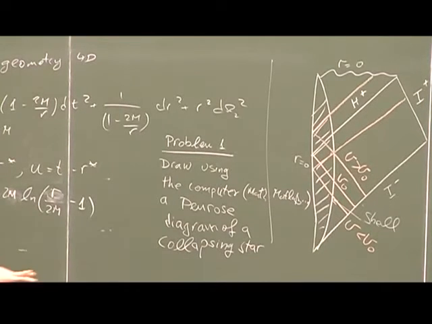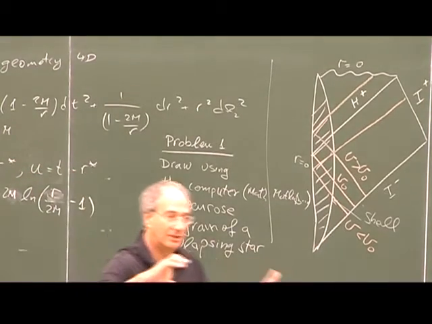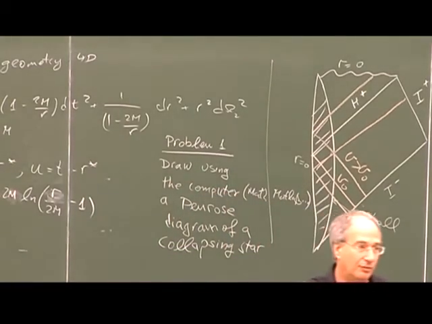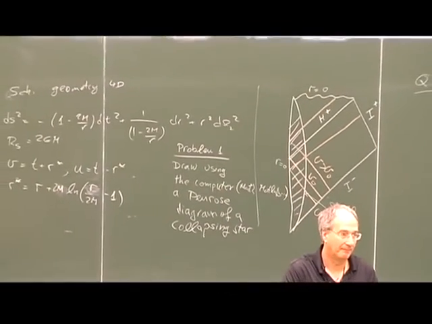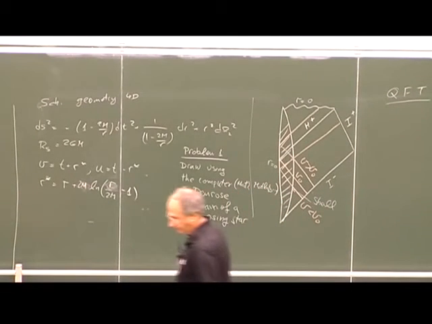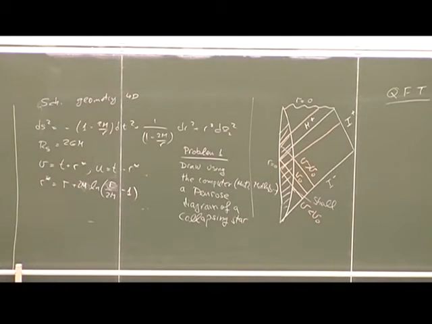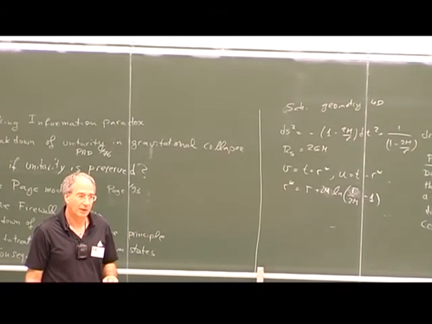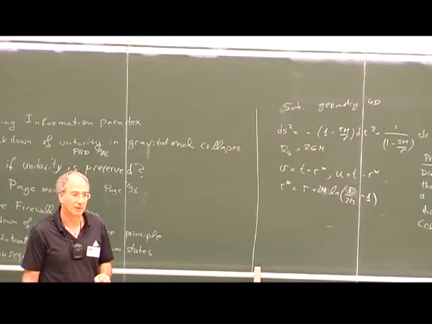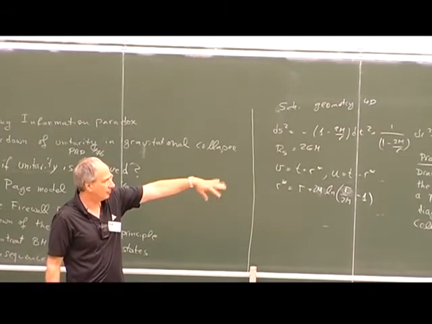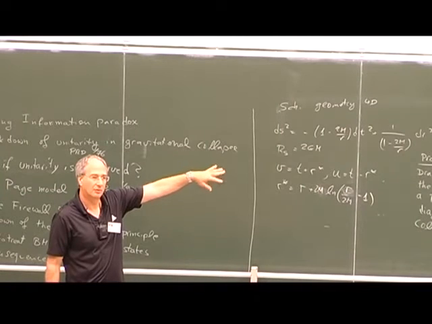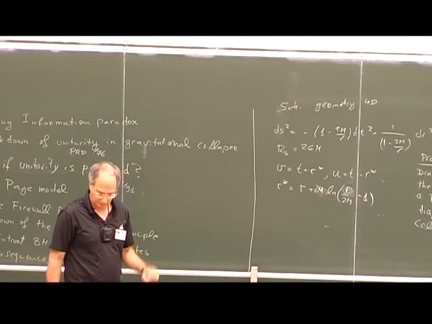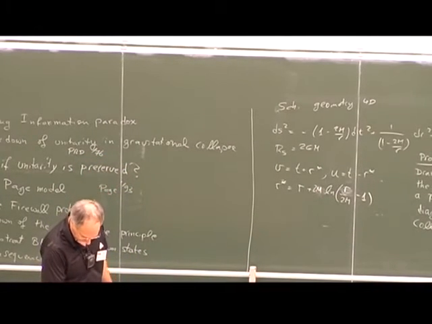The difference between a star and a shell is that the shell is empty and the star is filled with some matter. So you decide what type of matter you want the star to be filled with, and then draw the Penrose diagram of the collapsing star. It will be similar to the one that I drew, but you will find out.